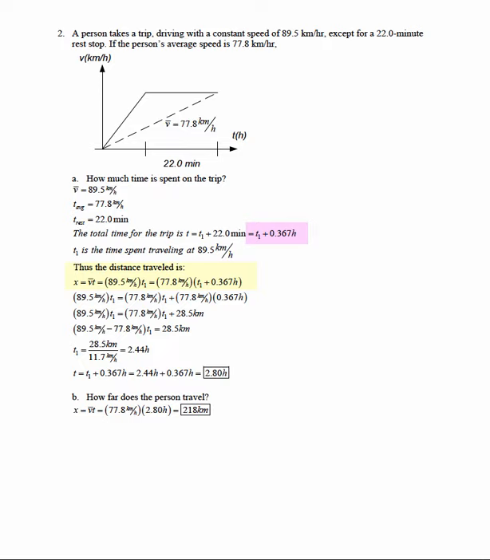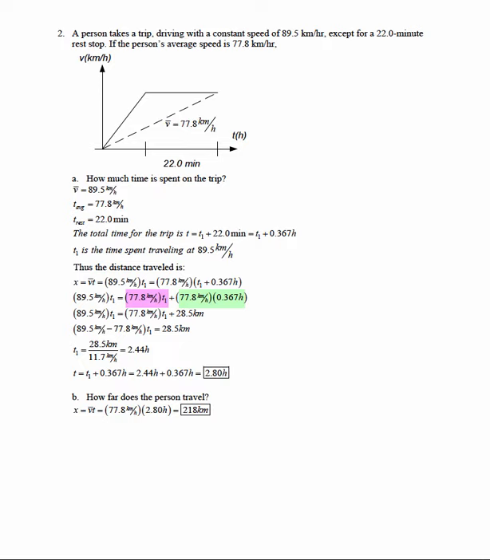Now what we're going to do in this term is we're going to start combining terms. So on this side of the relationship we have the velocity times time, and on this side of the expression we are going to take the average velocity, this value of 77.8, and multiply it times both terms.